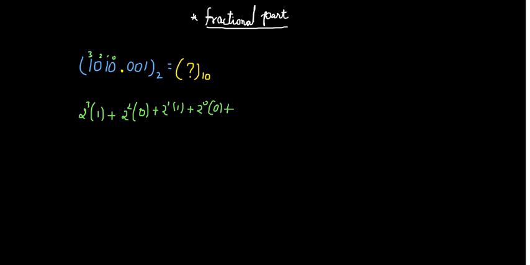Now after the decimal starts, let's change the color for this one so that you can understand the thing quite significantly. Now I'm going to write 2 to the power minus 1 multiply 0 plus 2 to the power minus 2 multiply 0.